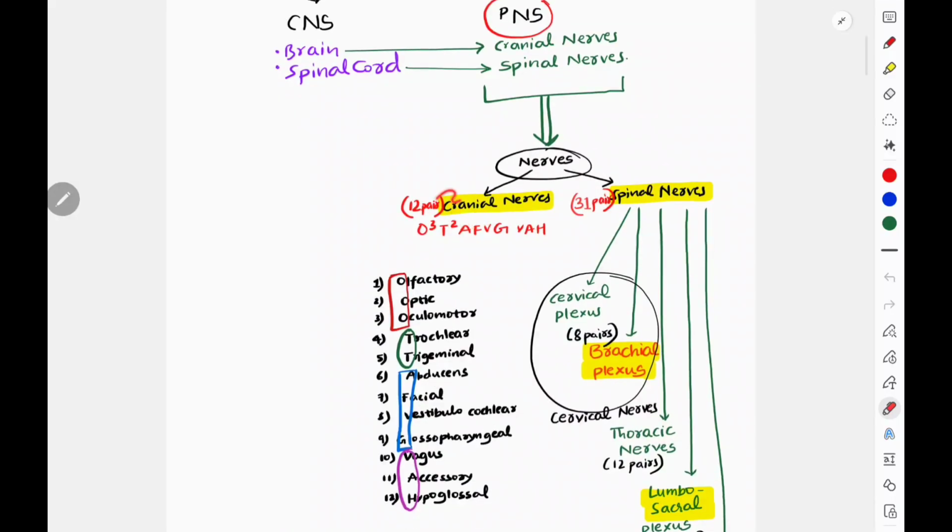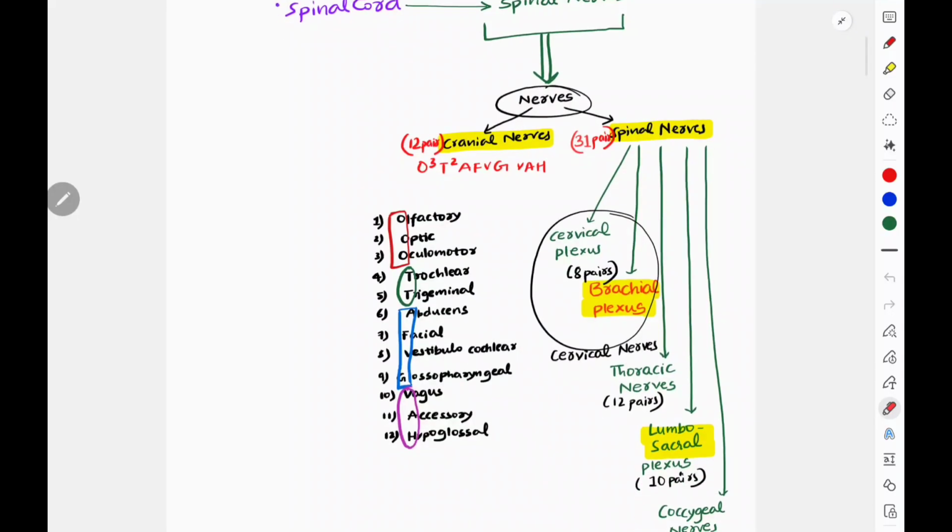To remember this, we have the mnemonic O3T2 FVGVA, which we'll study in further classes also. Just to have an idea, I'm discussing it here. Olfactory, optic, oculomotor, trochlear, trigeminal, abducens, facial, vestibulocochlear, glossopharyngeal, vagus, accessory, hypoglossal. These are the 12 pairs of cranial nerves.